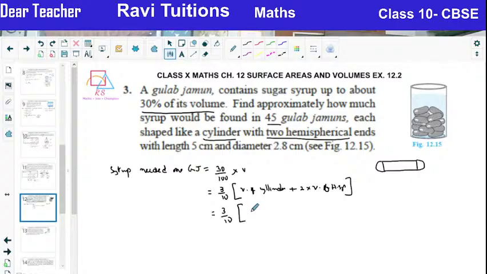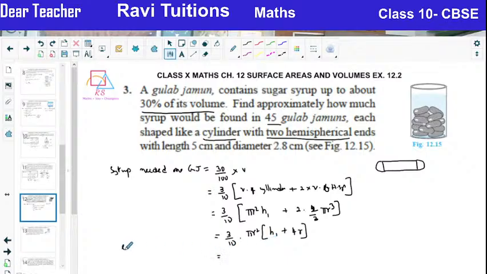Volume of cylinder is pi r square h, and I'll write h1. And 2 into the volume of hemisphere is 2 by 3 pi r cube. Both radii are equal. 3 by 10, I'll take out pi r square common, and h1 plus 4r by 3. h1 is the height of the cylinder.